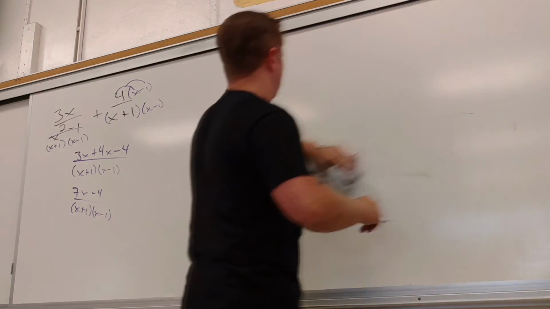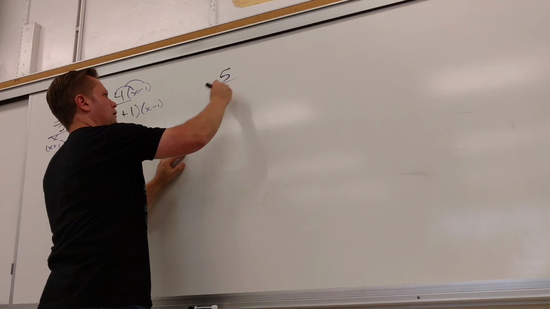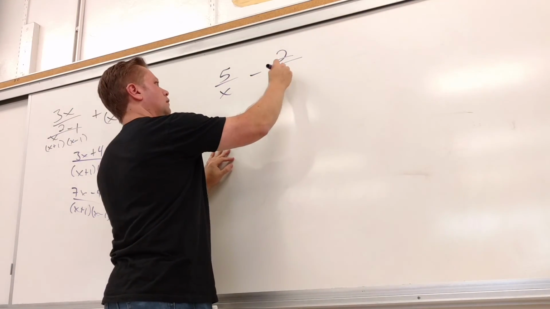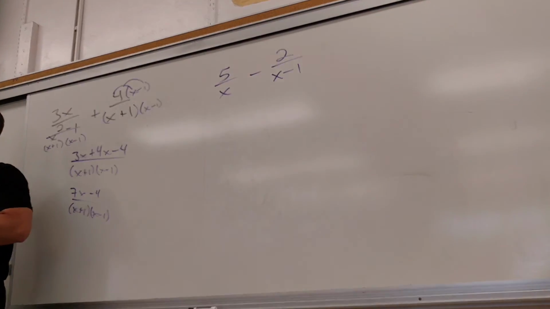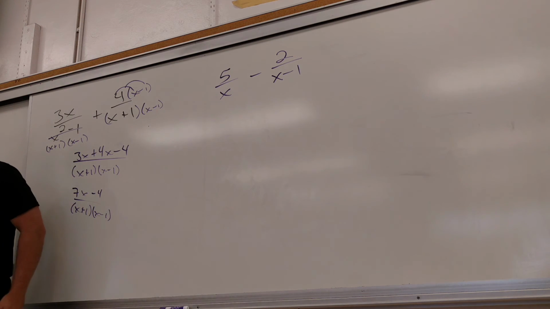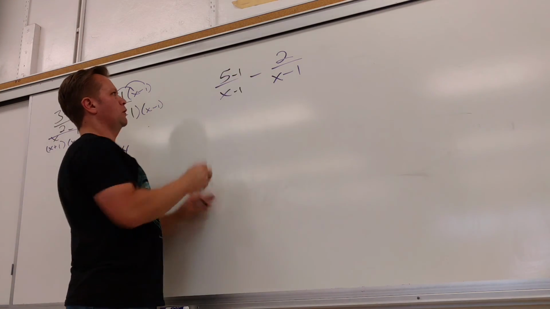All right, here, let me show you a problem where people make a big mistake. So the mistake people make, don't even write this down, is let's say, oh, this one's missing a minus 1. Okay, there we go.